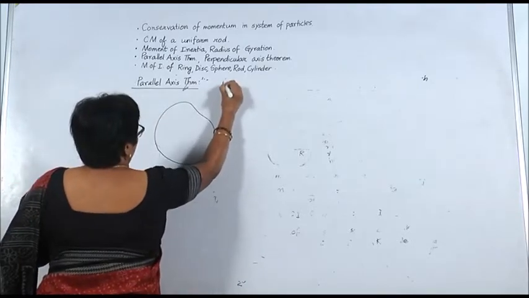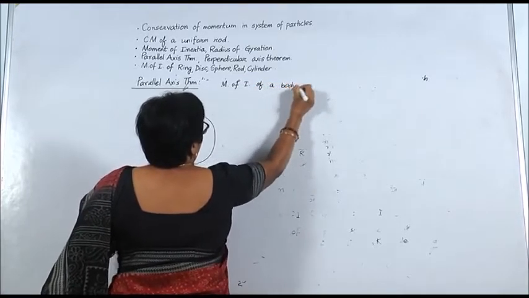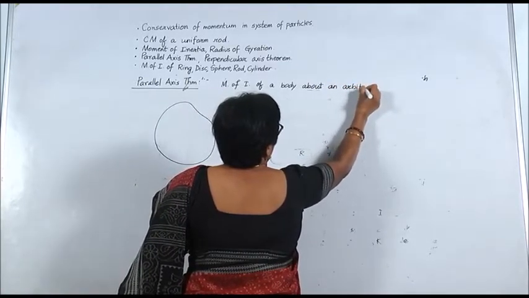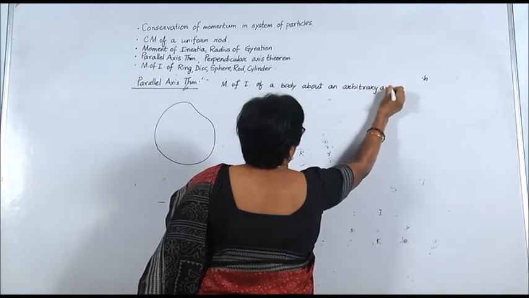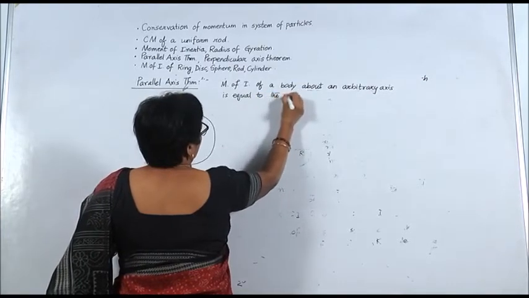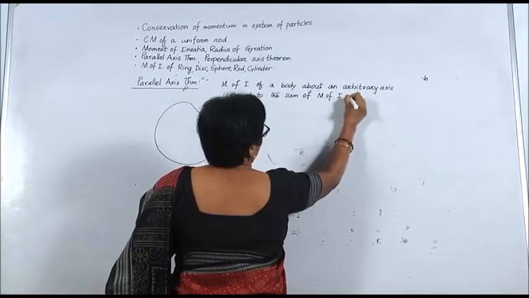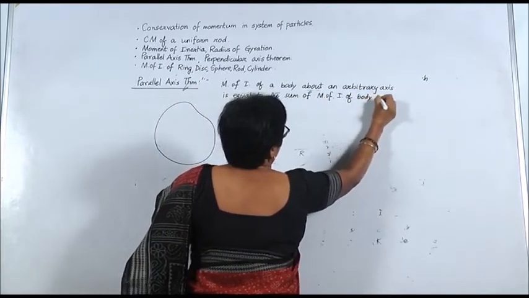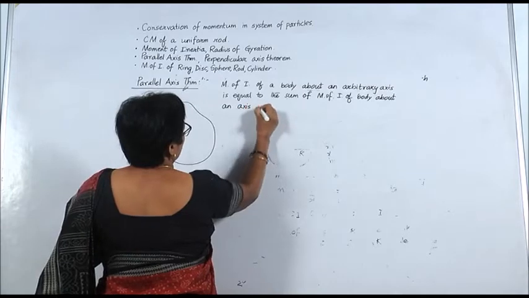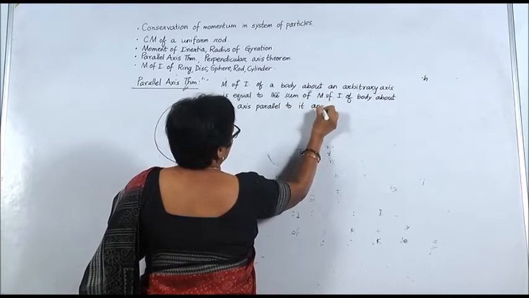The moment of inertia of a body about an arbitrary axis is equal to the sum of moment of inertia of the body about an axis parallel to it and passing through the center of mass.